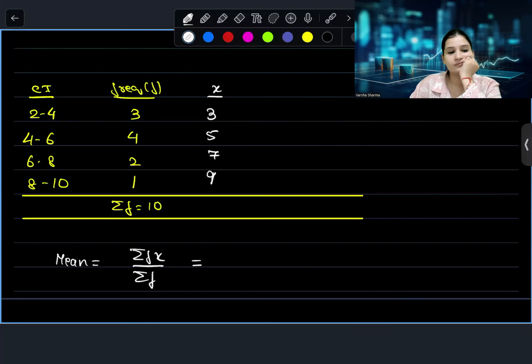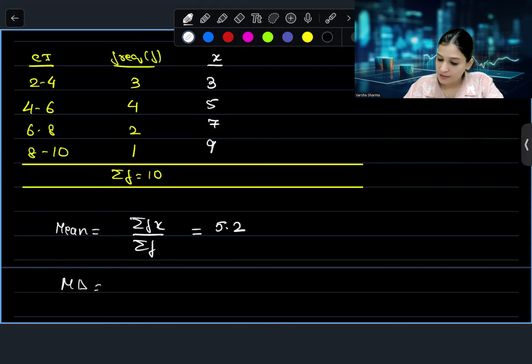How much is the mean? 5.2. Mean is 5.2. Now mean deviation: summation f into x minus x bar divided by summation f.